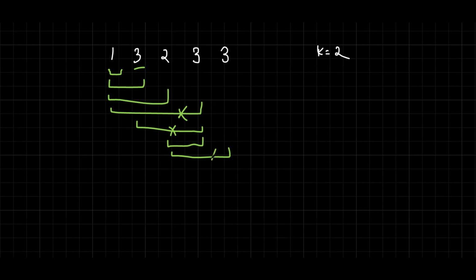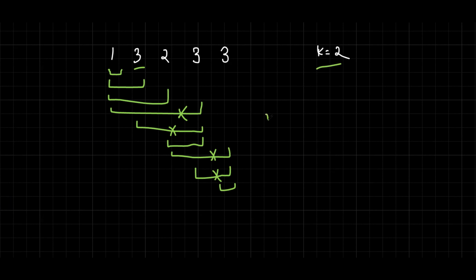So we cannot consider it. Now, for this, we have to shrink it, and the frequency of 3 is 2. So we cannot consider it. Now again, we can consider this subarray. And this is how we're going to count the number of subarrays where the frequency of the max element 3 is less than k.